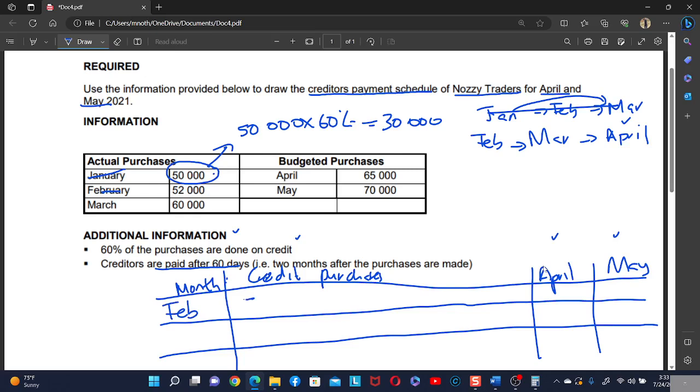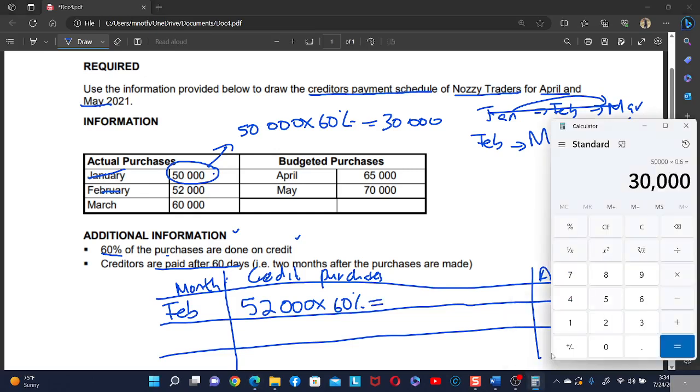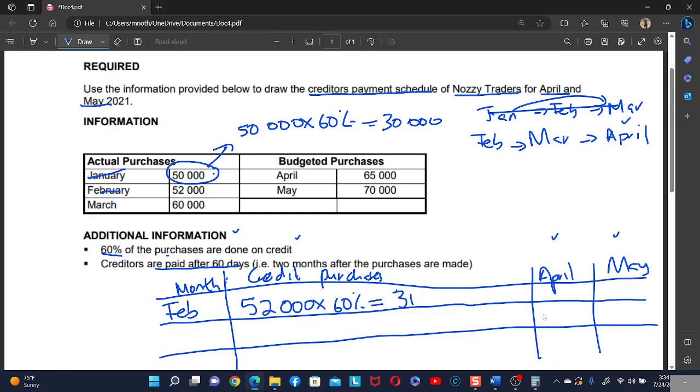How much is the purchase of February? It is 52,000. But we want the credit purchases, so we multiply by 60%, because 60% of the purchases are done on credit. 52,000 multiplied by 60% is 31,200, which is going to be paid in April.